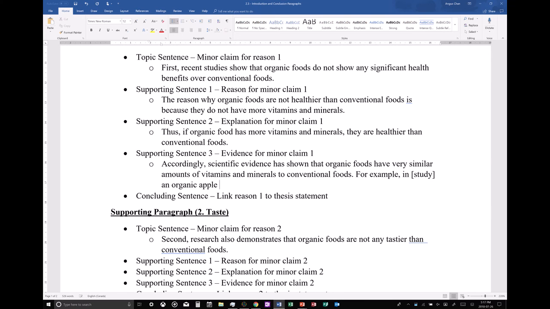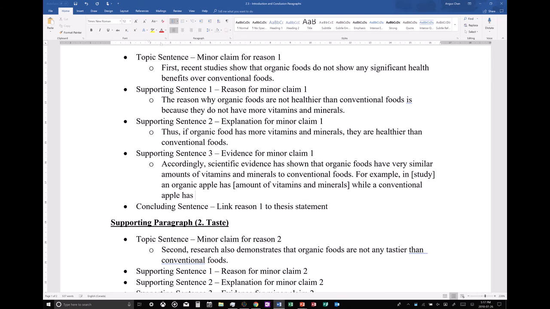An organic apple has some amount of vitamins and minerals, while a conventional apple has this amount, and they turn out to be similar.